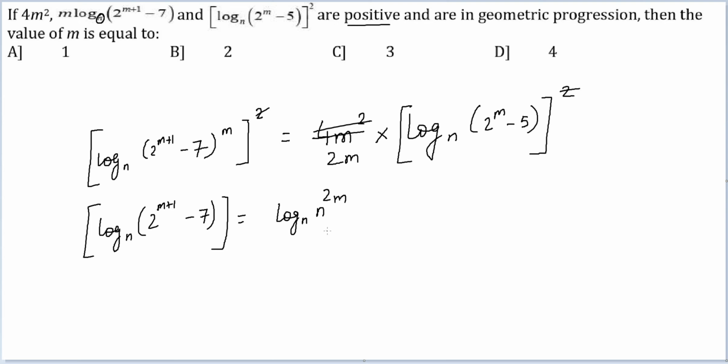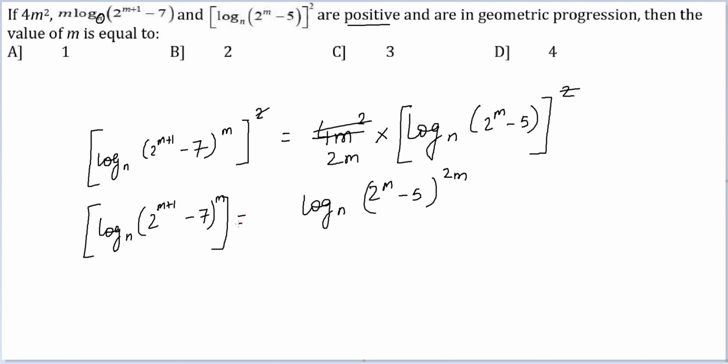But I'm multiplying these things. Why do I even need this? This is not even important. I can get 2m to the power log base n of 2 raised to the power n minus 5, raised to the power m. Oh, there was an m inside. And this will be raised to the power 2m now.